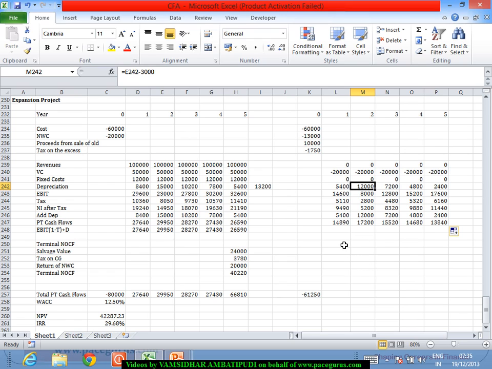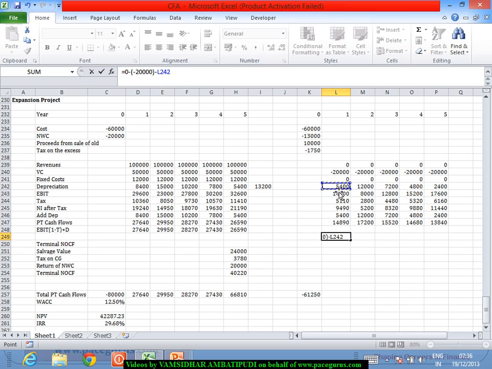Sometimes I can consider it like this: change in revenues 0 minus change in expenses, which is minus 20,000, minus the change in depreciation. Change in depreciation is this much, right? Change in revenues minus change in expenses minus change in depreciation.